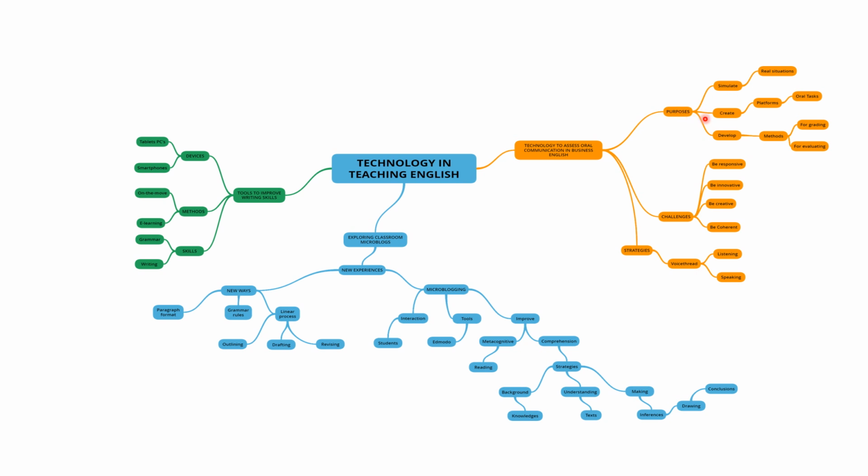Okay, the second step is create what? Platforms. In these virtual platforms, you can make oral talks, where you can evaluate your previous knowledge about speaking, writing, listening, and reading. Therefore, you can develop some methods, for example, for grading and for evaluating.